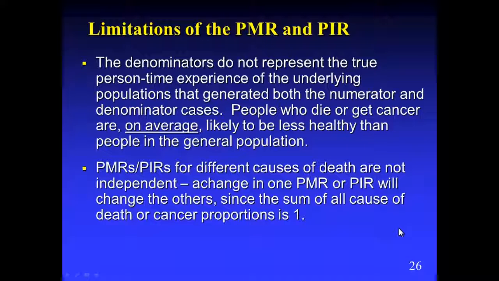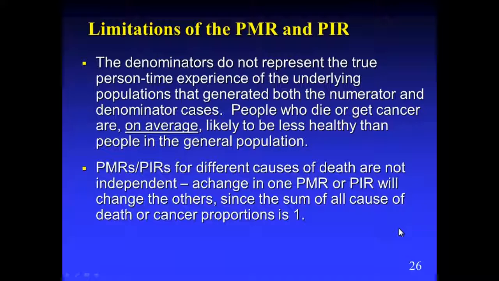So PMRs and PIRs are often relatively easy to calculate, particularly if we can get data from a mortality database or a cancer registry. But they have limitations, and there are two really. They don't really represent the true person-time experience of the underlying population.